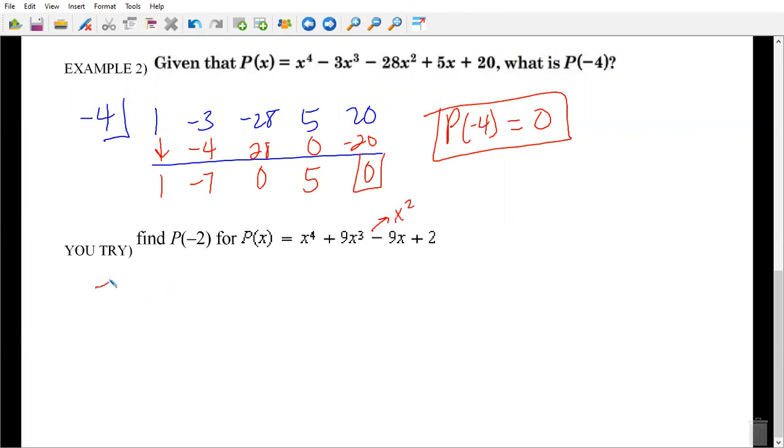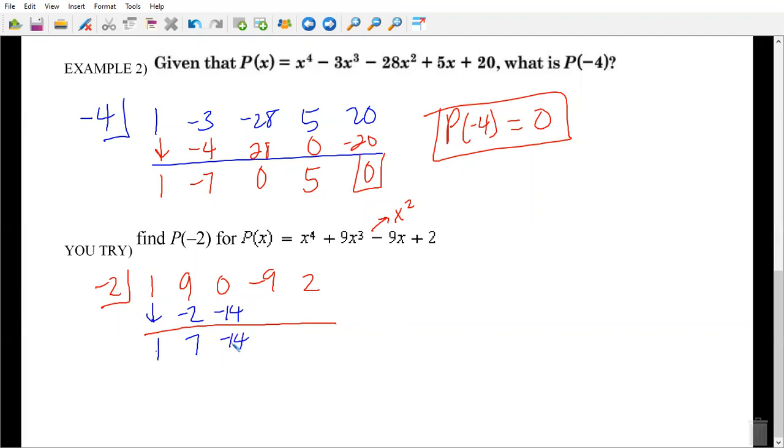So when you're evaluating, negative 2 went in the house, and you had 1, 9, 0, negative 9, and 2. We're going to bring down our 1. Negative 2 times 1 is negative 2, 9 minus 2 is 7. Negative 2 times 7 is negative 14. 0 and negative 14 make negative 14.